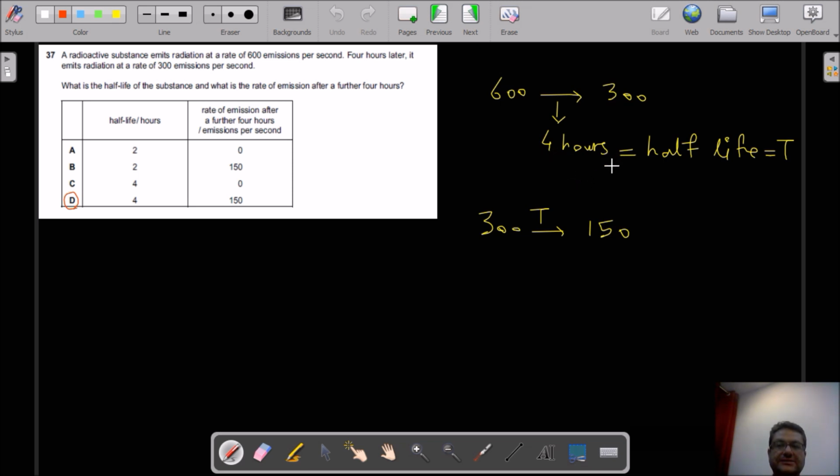Then the question asks for the rate of emission after a further 4 hours. After another 4 hours, the remaining radioactive substance will again be half. So half of 300 will be 150, and the half-life will be 4 hours. That's why for question 37, D is right.